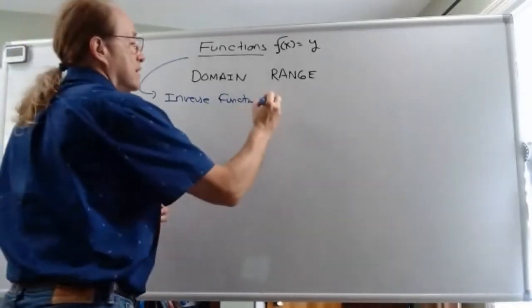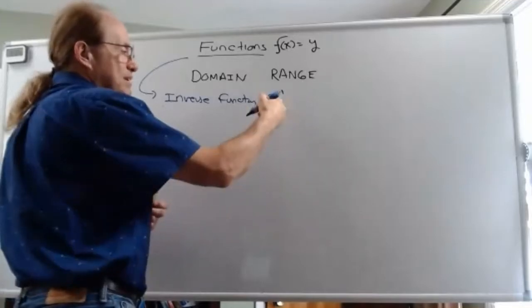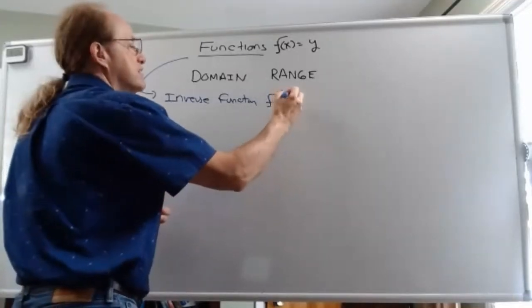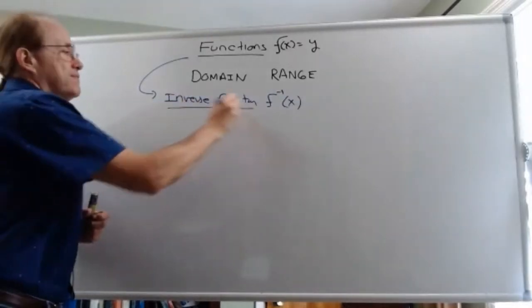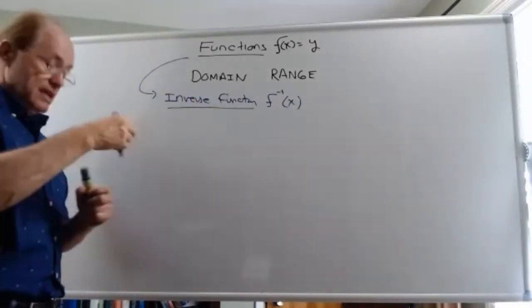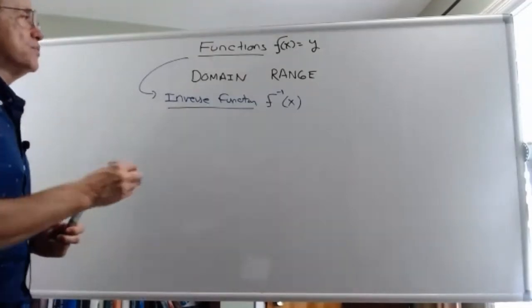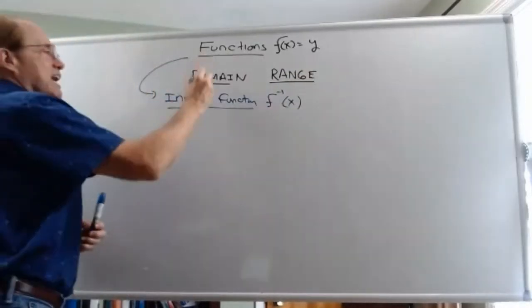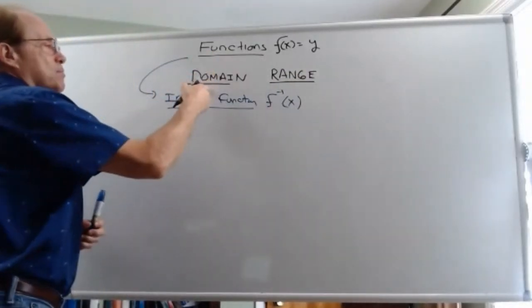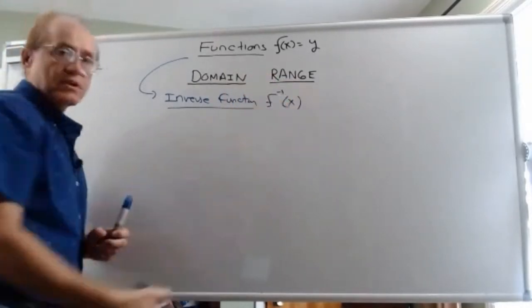The inverse function looks like f with a superscript -1, read as f inverse. It doesn't mean the reciprocal, it means the inverse function. We looked briefly at how to find those, and we're looking at classes of functions that require that later on throughout the text. But our central theme is domain and range. These are all the allowable x values and the possible y values that will come out.